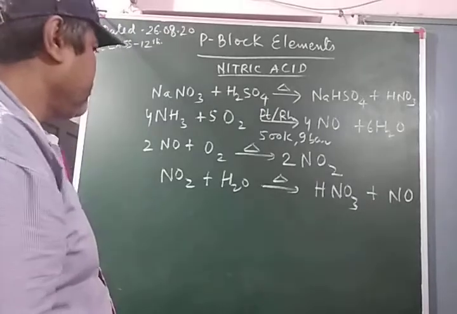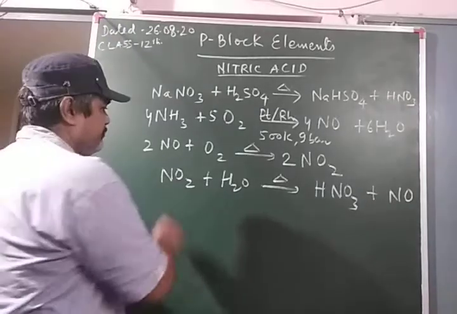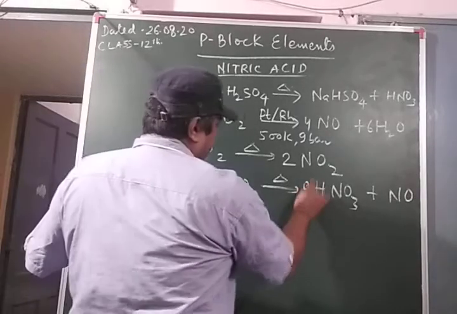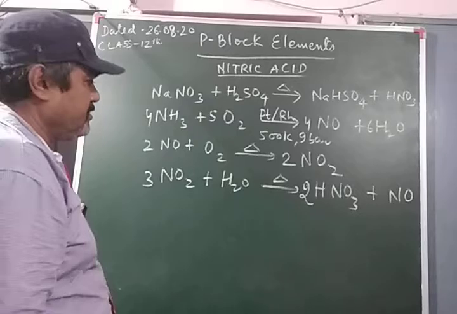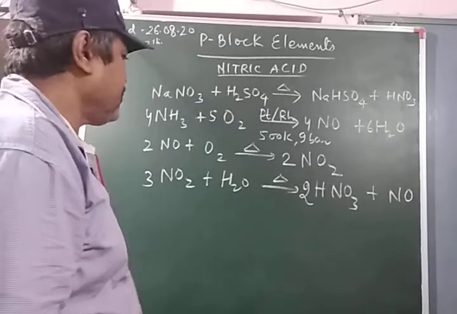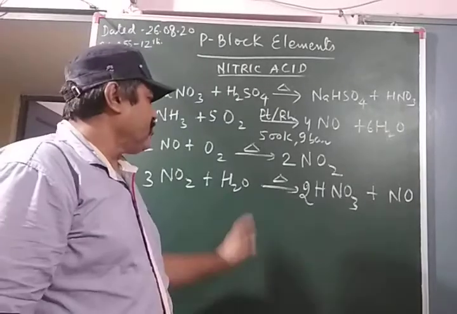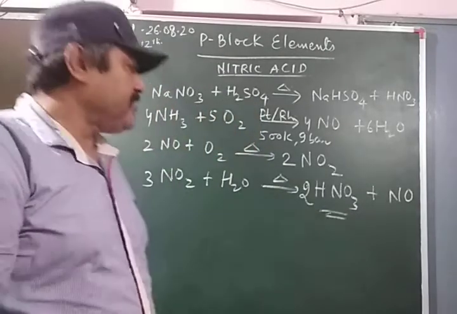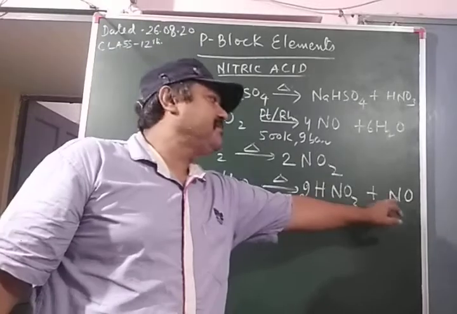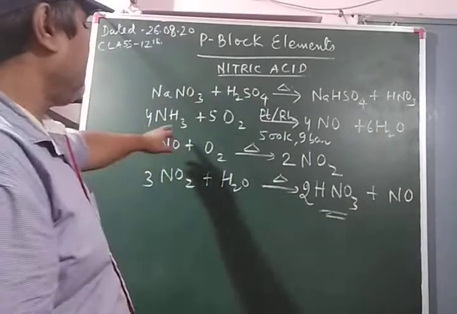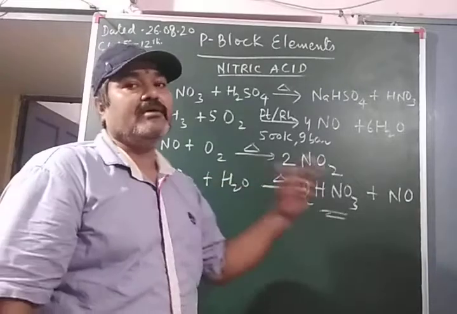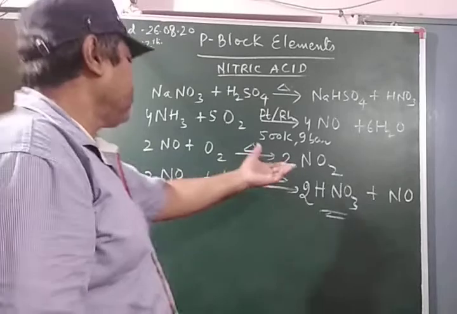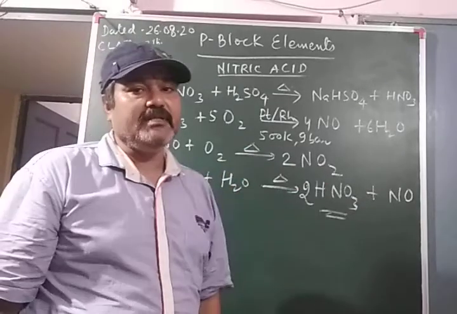To balance it, 3NO2 plus H2O gives 2HNO3 plus NO. So in this way, we can prepare nitric acid on a large scale, and this nitric oxide is again recycled to prepare nitrogen dioxide. In this way, we can again use the nitric oxide to prepare nitric acid.